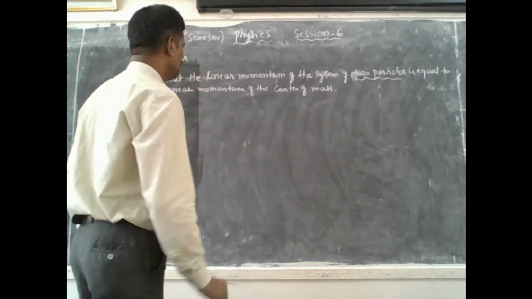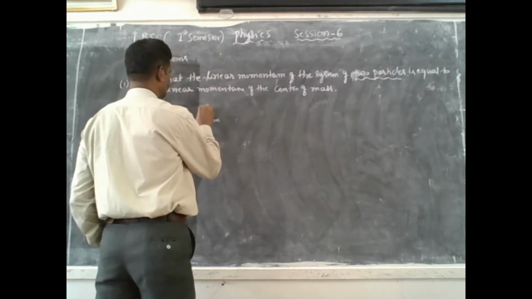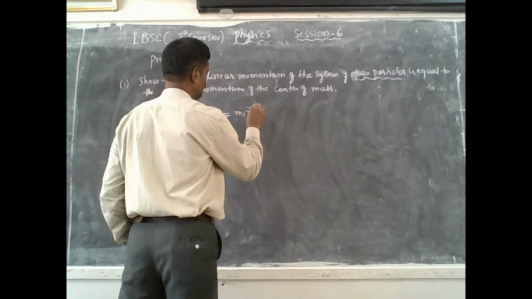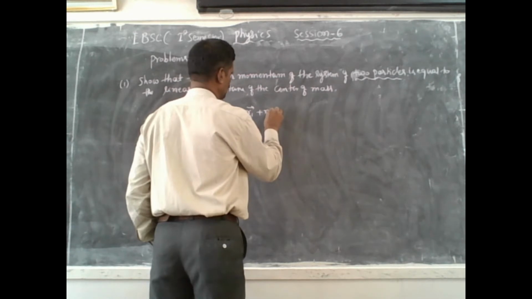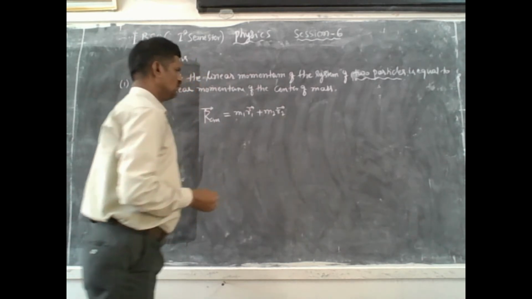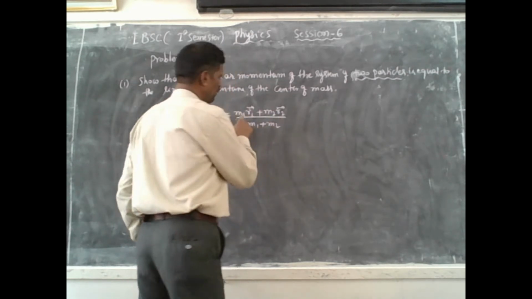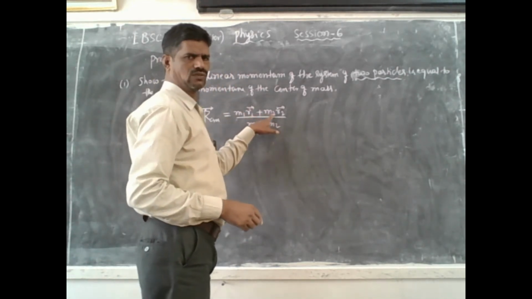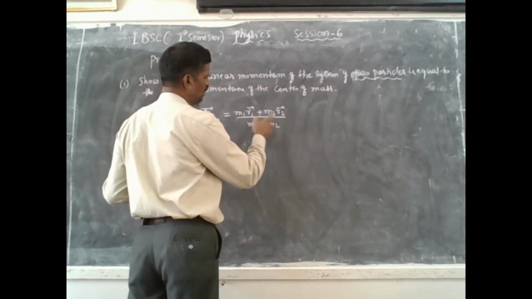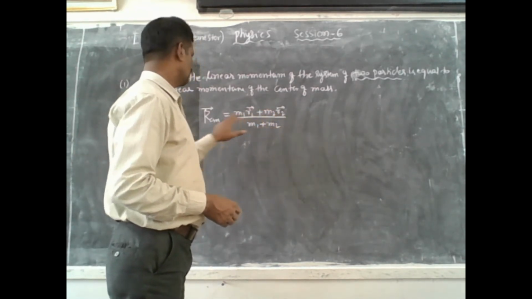We know that R_CM equals (m1 r1 plus m2 r2) divided by (m1 plus m2). Only two particles, particle 1 and particle 2, with masses m1 and m2. Here r1 dot and r2 dot are the differentiation of r, that means velocities of the particles.